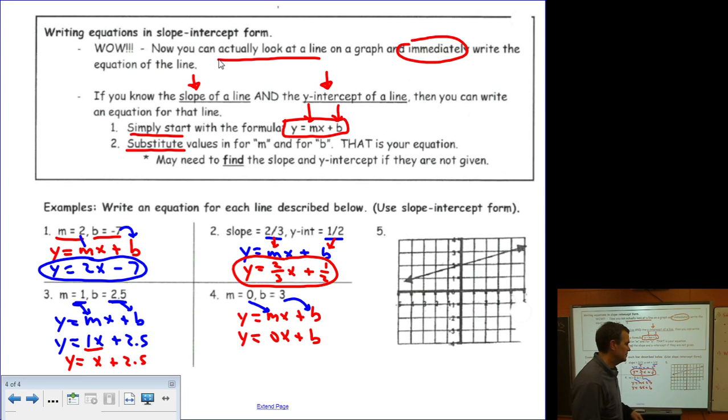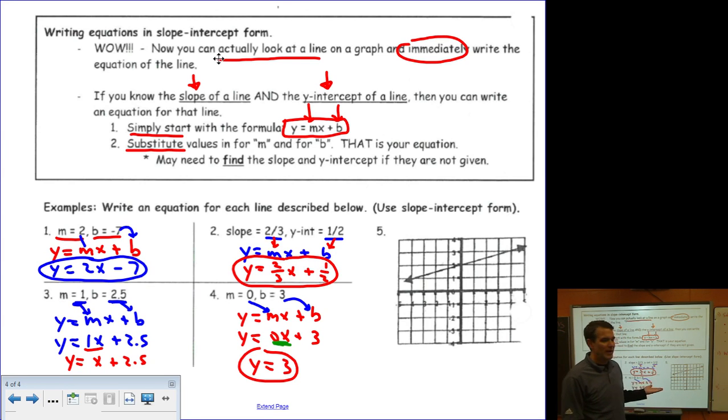But we would never really write 0x, right? Because 0 times x is just 0. So 0 times x actually cancels out the x, and a better way to write this would just be y equals 3.